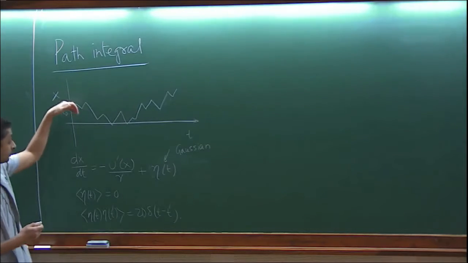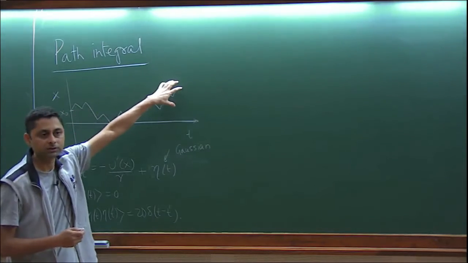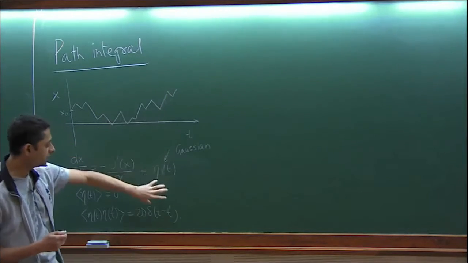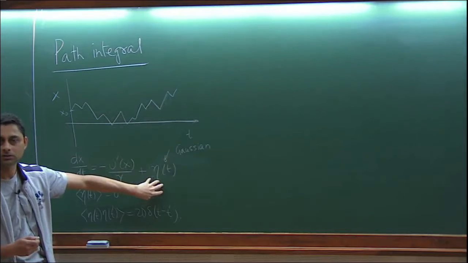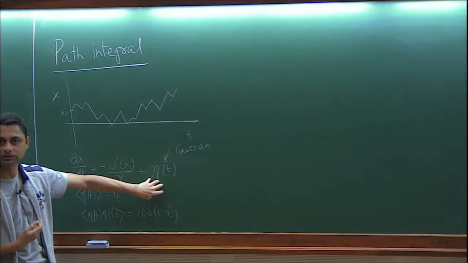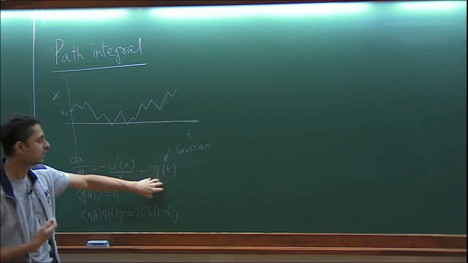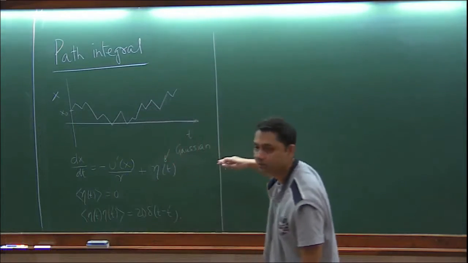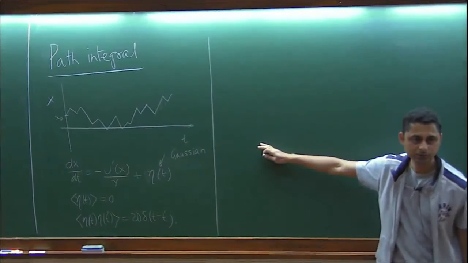Therefore the probability of this trajectory, the weight associated with it, I can find out from the weight associated with these noises. Let's consider a discrete version of this problem.